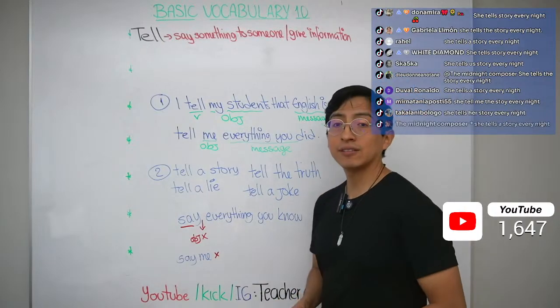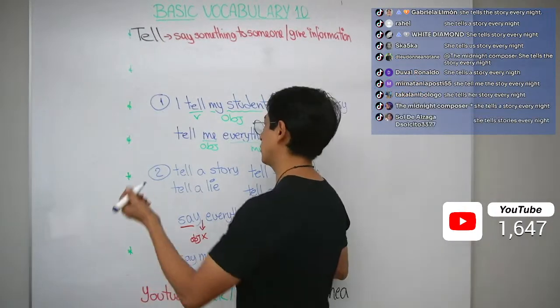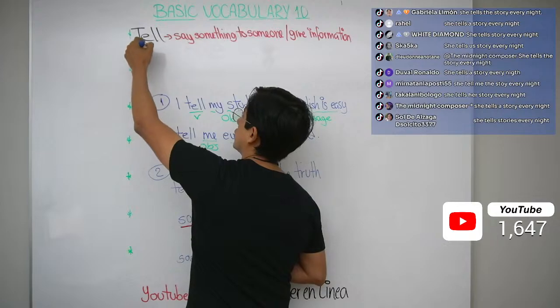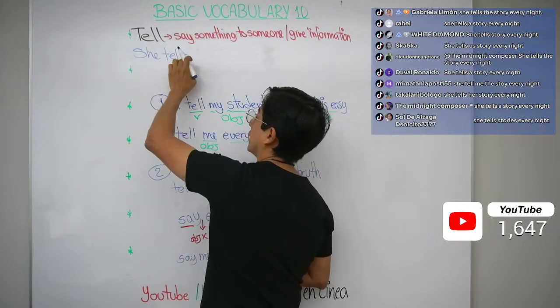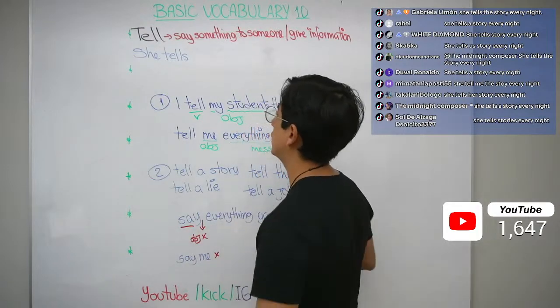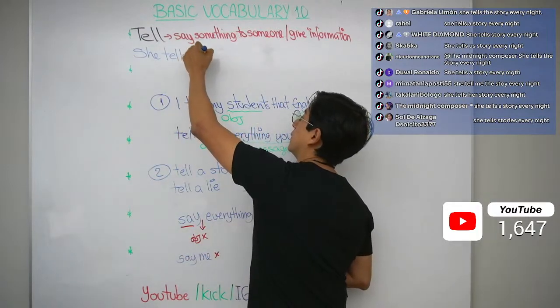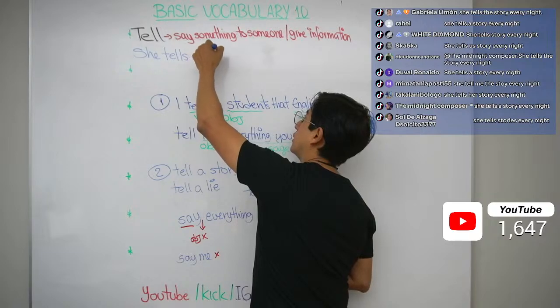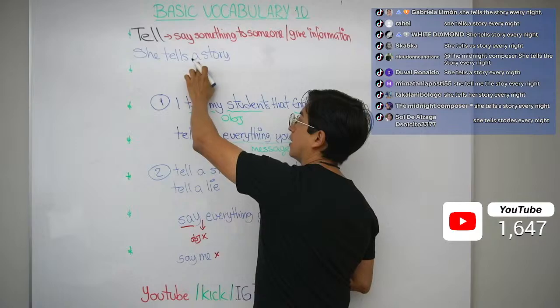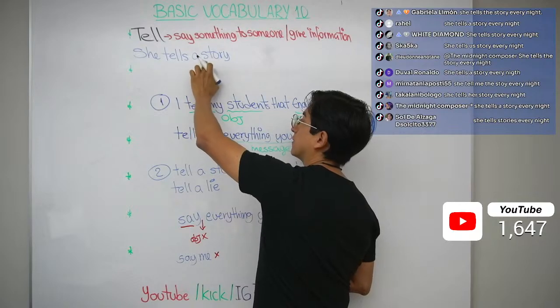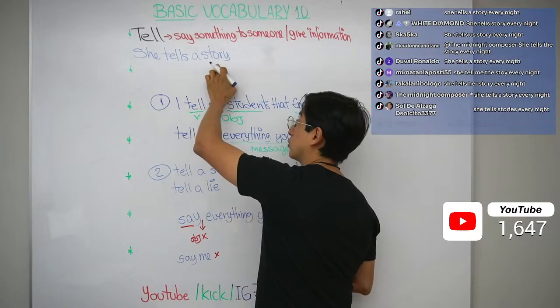Okay, let's start with the first part. This sentence was very easy, right? She tells. Okay, letter S here. She tells a story. Look at this. We have the article and then the letter S. Story. A story.